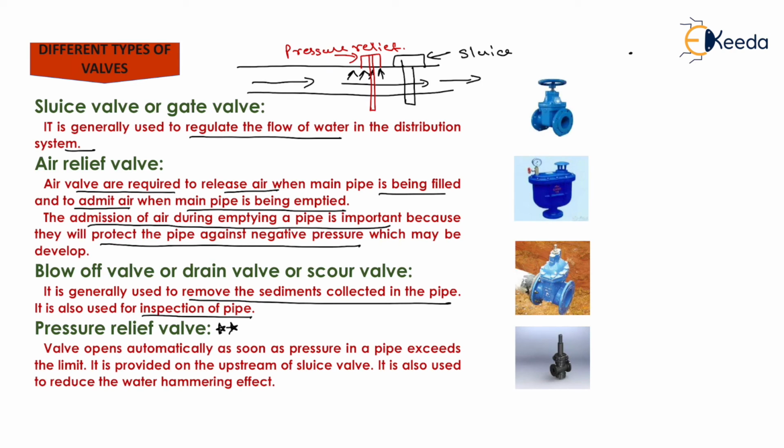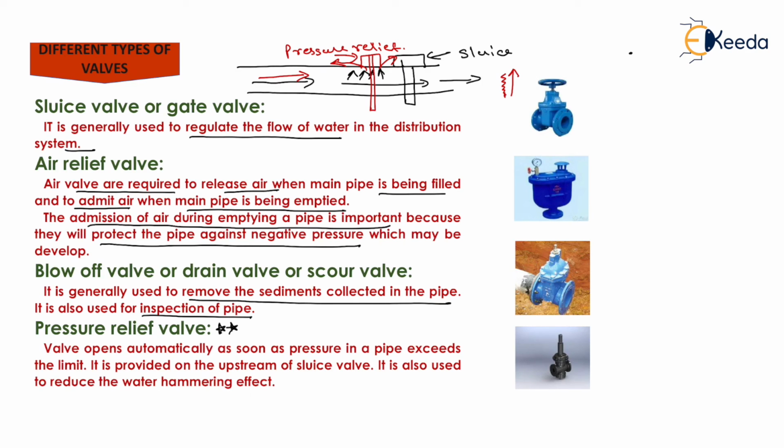The weight of the spring is equal to a particular pressure which is generally kept in that water main. Now if large pressure is generated in that water main, this spring will move upward like this, and the valve will become open, and all the water will flow from that valve, and the valve will remain open till the pressure in the pipe reaches a permissible value.